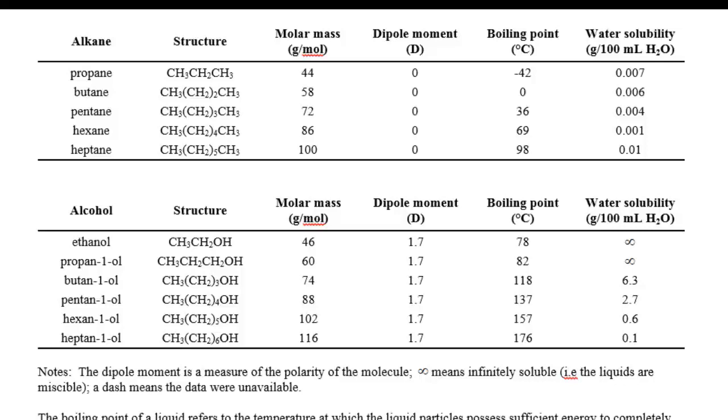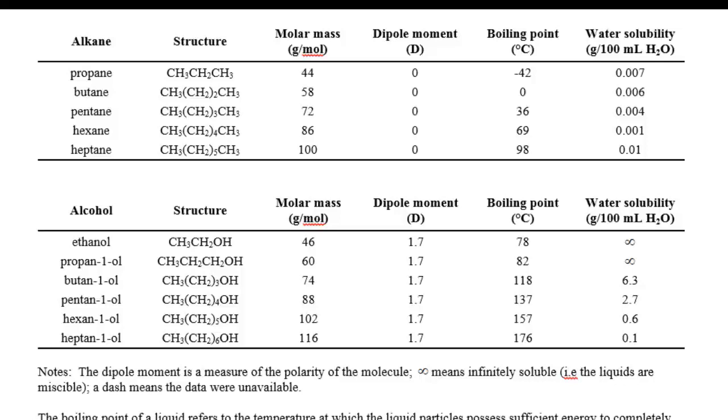So we can see that this table represents the relationship between molar mass and boiling point, and essentially is a function of London dispersion forces. Now we will talk about water solubility later, but let's explore London dispersion forces a little bit further.